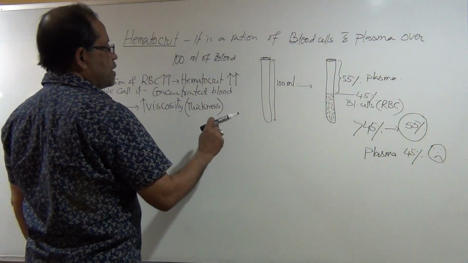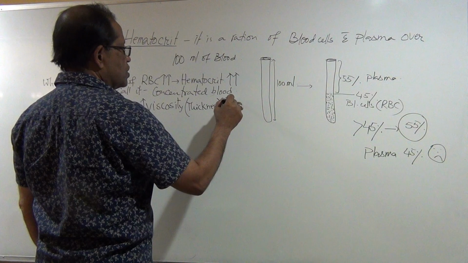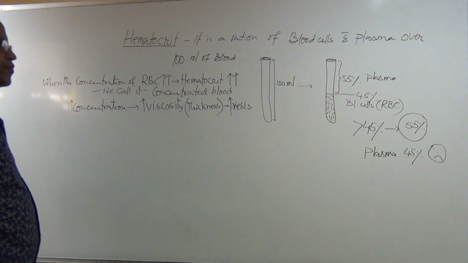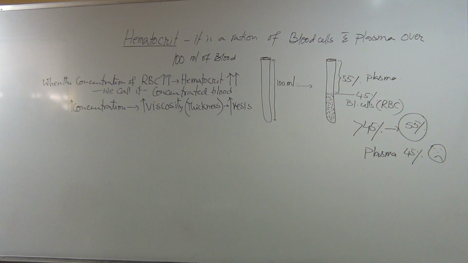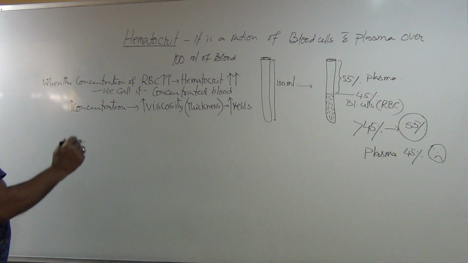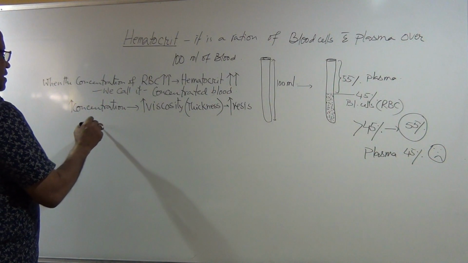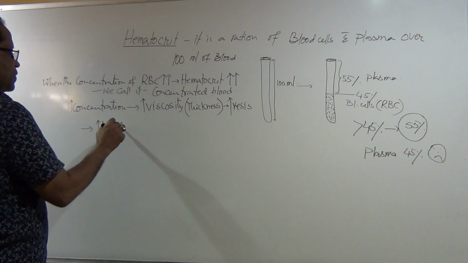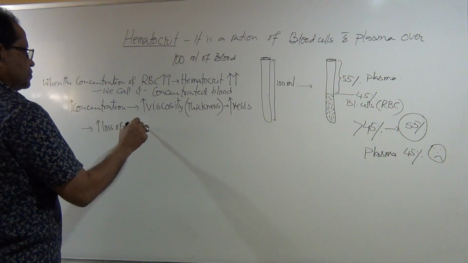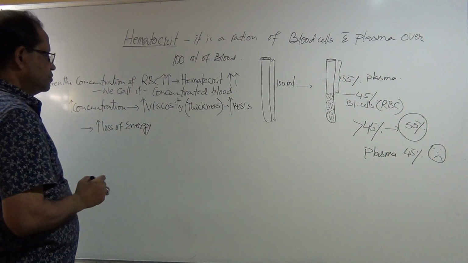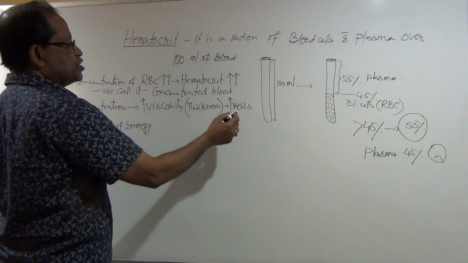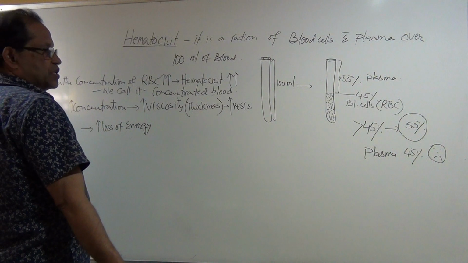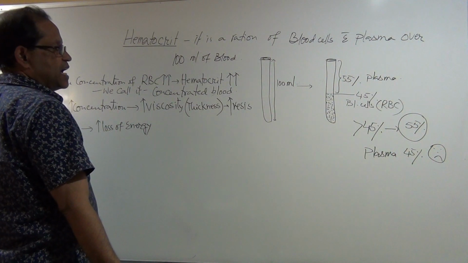When the thickness of the blood is increased, it causes increased resistance. Okay, when the resistance is increased, then increase loss of energy, because it has to overcome the resistance.